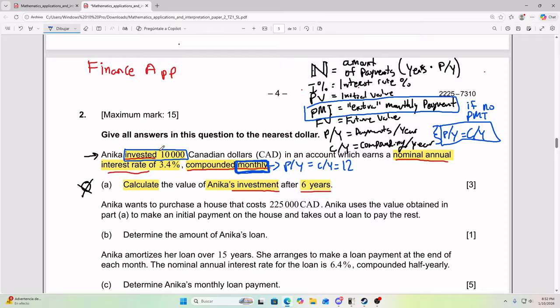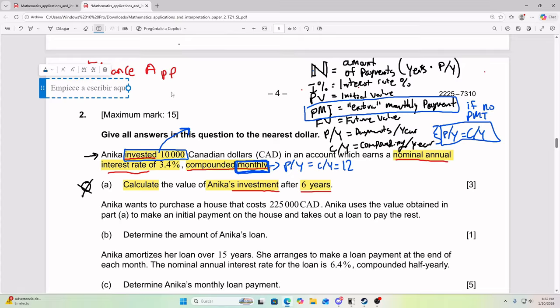The second she invests, $10,000 is leaving her pocket. And so something important for the finance app is that you have to take the perspective of the person. So point of view of the person. And so if you're taking the point of view of the person and it's an investment, initially our good old friend Anika will actually be losing $10,000.